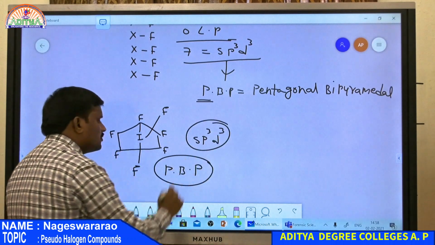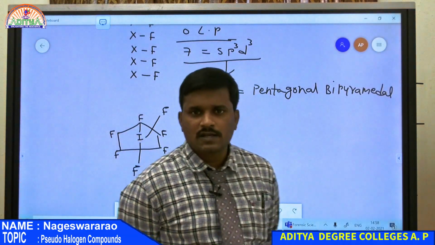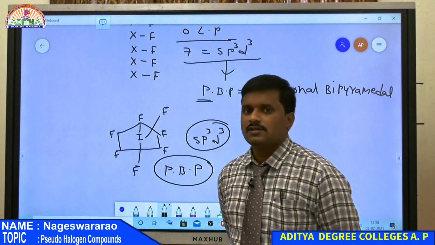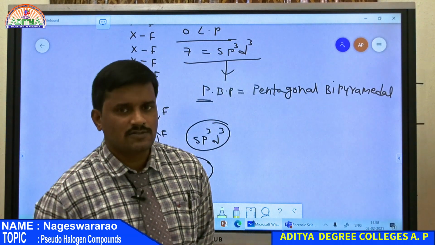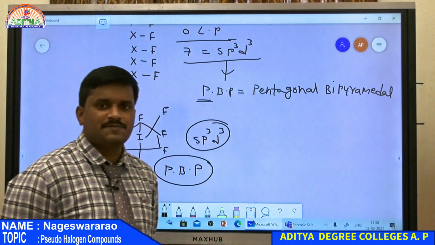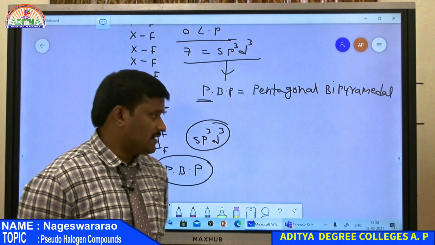So this is all about interhalogen compounds: the definition of interhalogen compounds, preparations, then properties, and finally the structure of interhalogen compounds of all types AX, AX3, AX5 and then AX7.